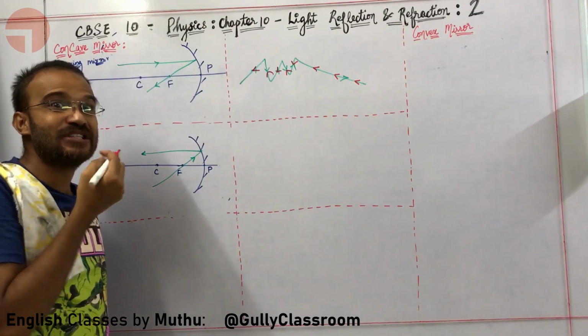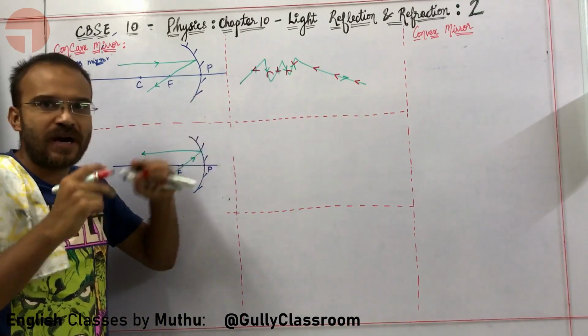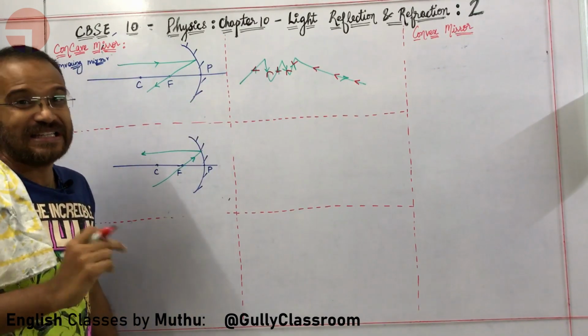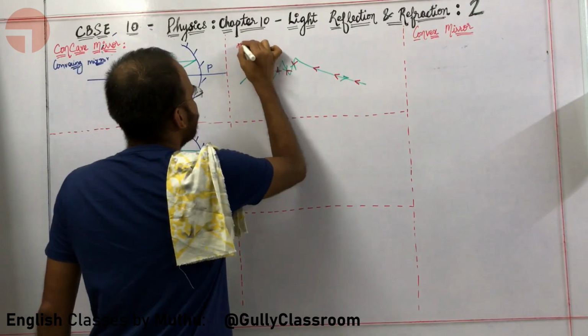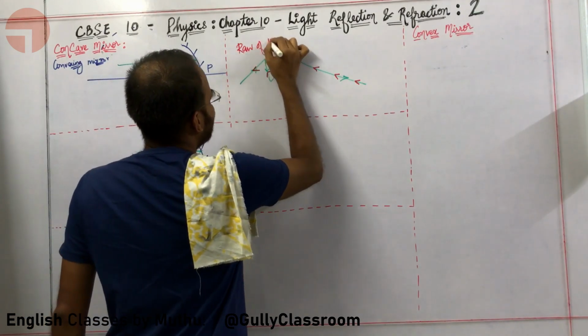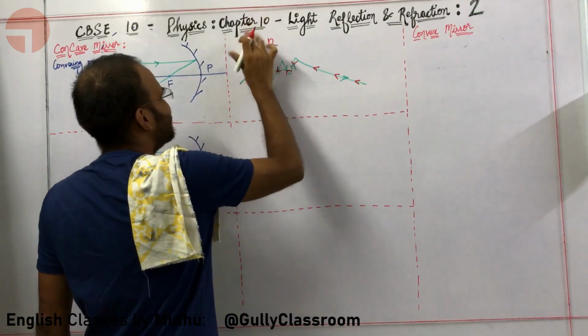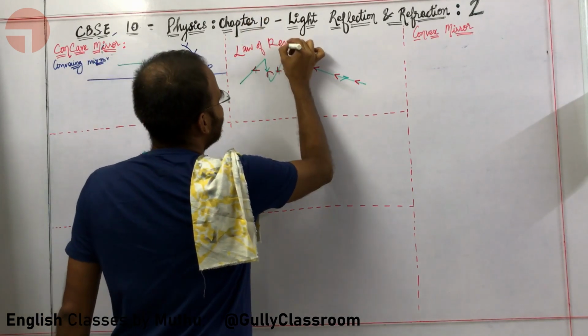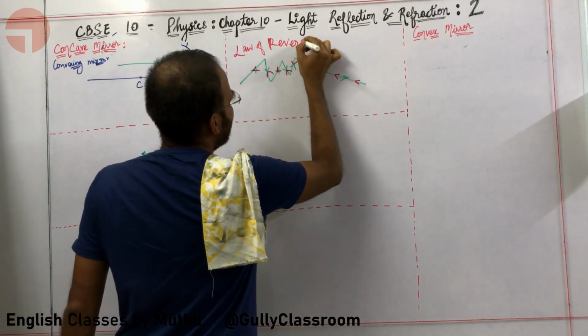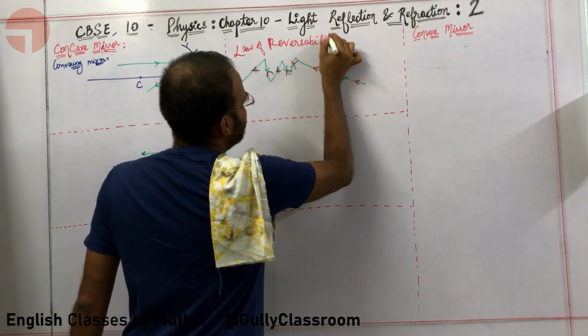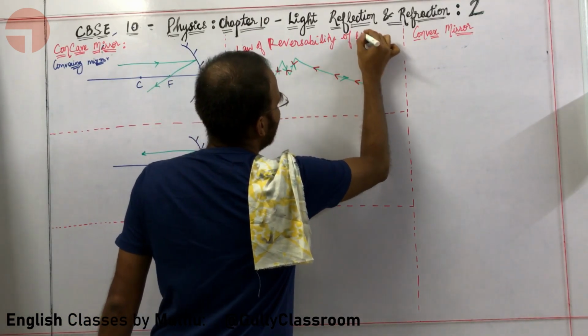Light has the nature to follow its own path in the opposite direction. This is called the law of reversibility of light. It is not raw, it is law of reversibility of light.